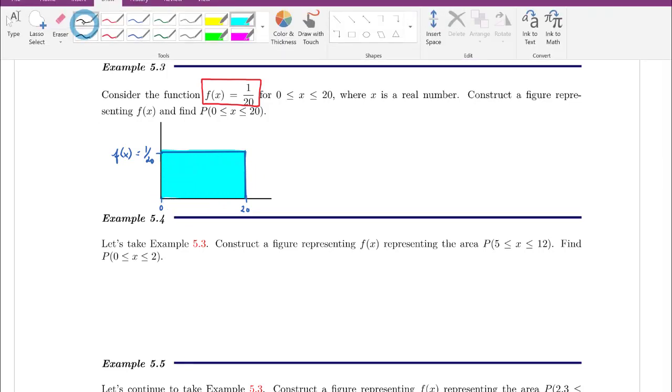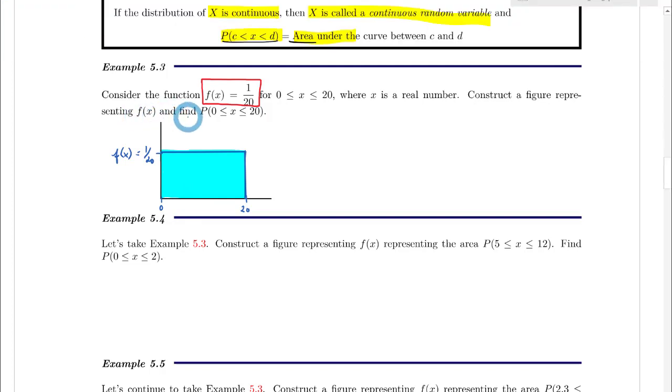So when I want to find, in here it says, find the probability that the random variable is between 0 and 20. Well, what is the area of a rectangle? The area of a rectangle is just base times height, right? Our base is the length, 20 minus 0, I would just subtract. And then the height is going to be this y value, I went up 1 over 20.